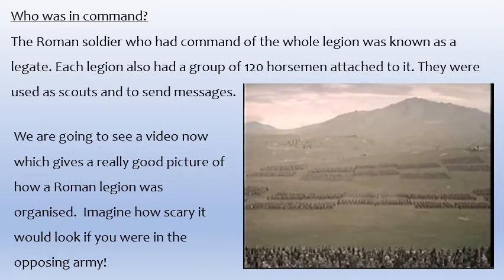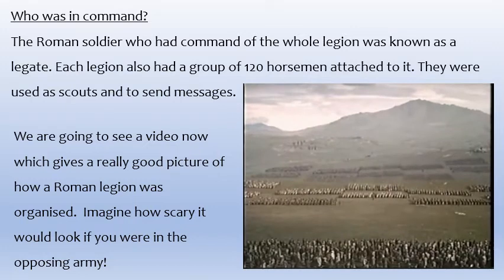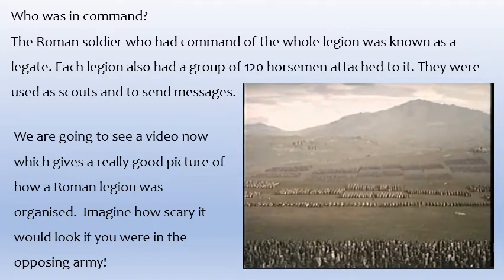I think Kubrick has done a pretty good job here illustrating that at a given signal, just prior to confronting an opponent, the various lines or maniples of a legion would close ranks, presenting a solid front to the enemy.